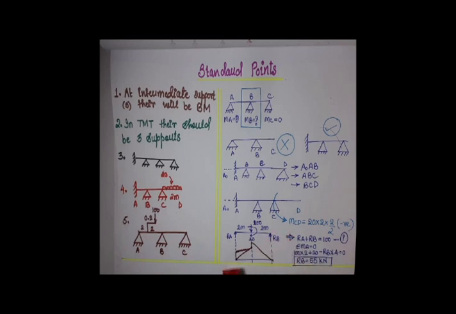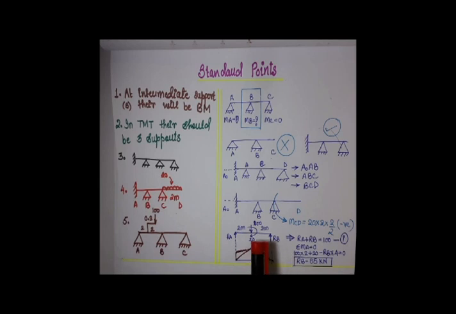Now this was the summation of the reaction forces. Now let's take the summation of moments about point A, or reaction A. So it would be 100, the force that is coming downwards, into 2, that is force into distance. Now why is it positive?